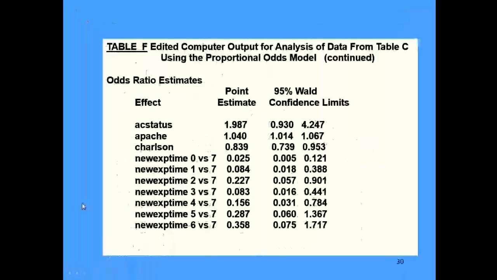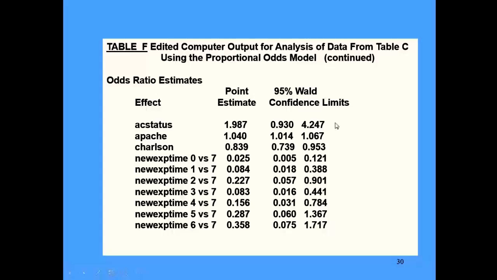That's on the next slide. The next slide has the AC status e to the beta. It's 1.987. There are e to the betas for all these others, but we don't care about those. We only care about this one. I should have only had this one in bold. Okay? 1.987, that's the confidence limit.